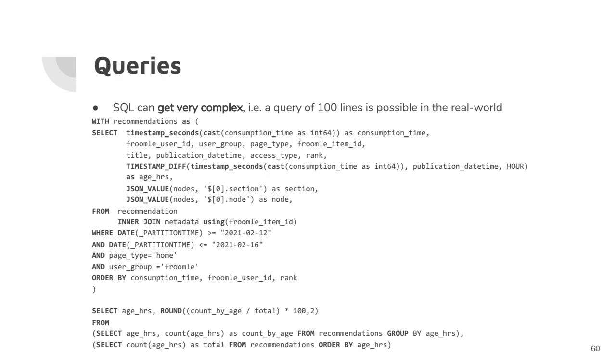Here also, I'm only interested in 1 week of data, so there's a filter on dates, and then a filter on other things, and so on. And I want to order my data. So real world queries can get quite complex.